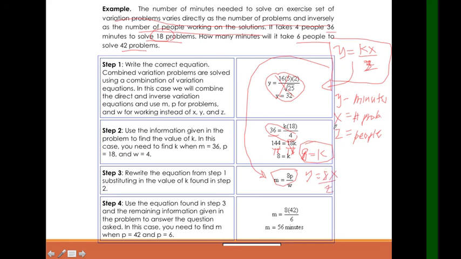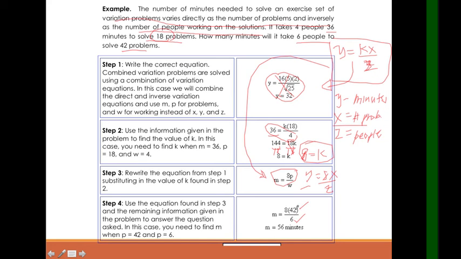Alright, that's one. So we have, in the second, how many minutes? So we're looking for y, which is the m. Will it take 6 people with 42 problems? People z, so 6. And then 42 problems for x. So 8 times 42 divided by 6.